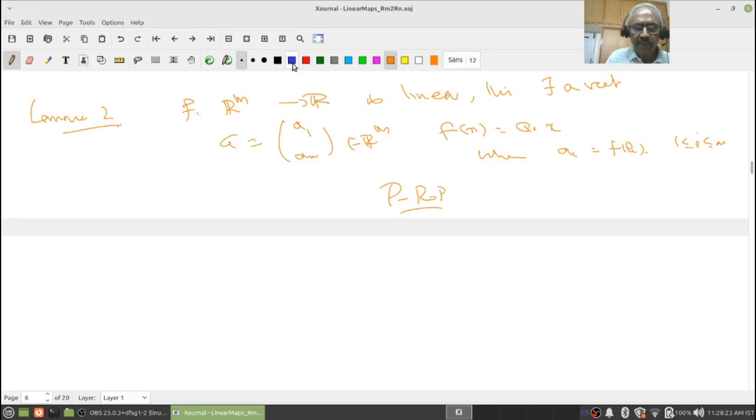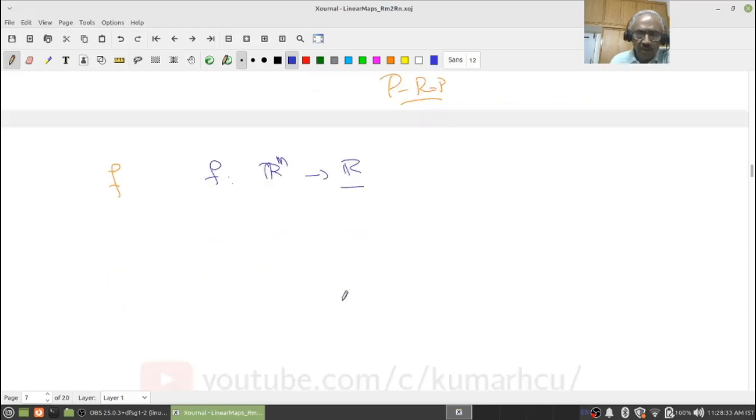We have shown that we have characterized any linear map f from Rm to R, right? But what did you want? We wanted linear maps. Now I will choose T, a linear map from Rm to Rn. Okay, we want to study this.